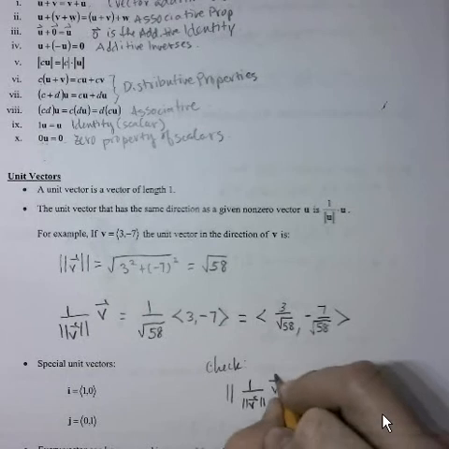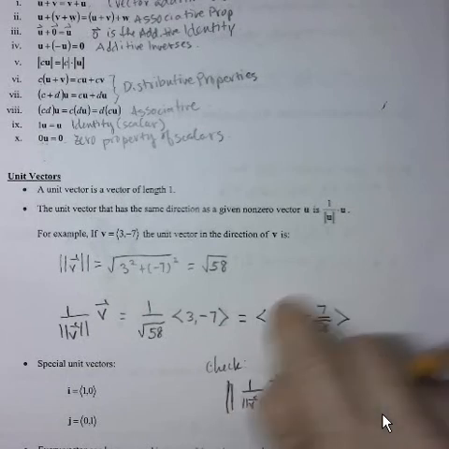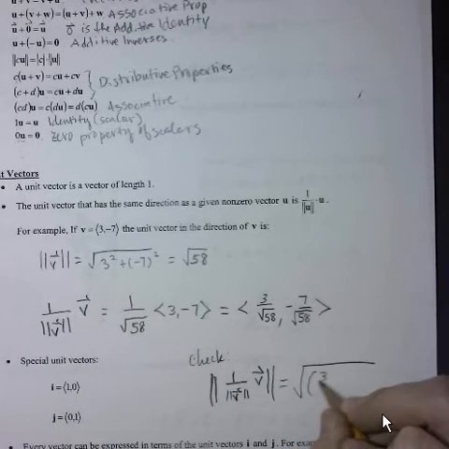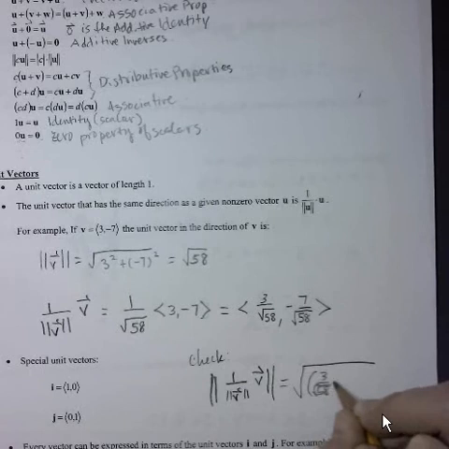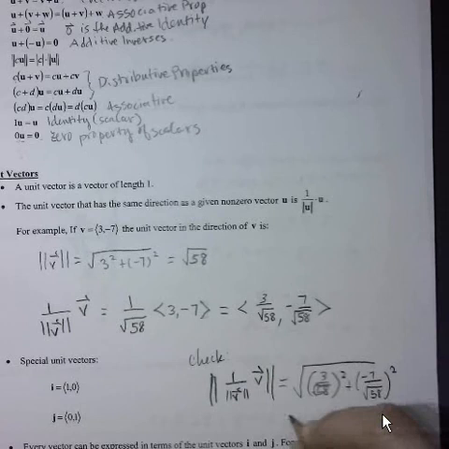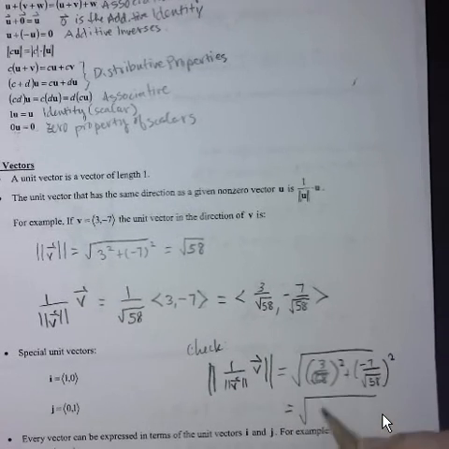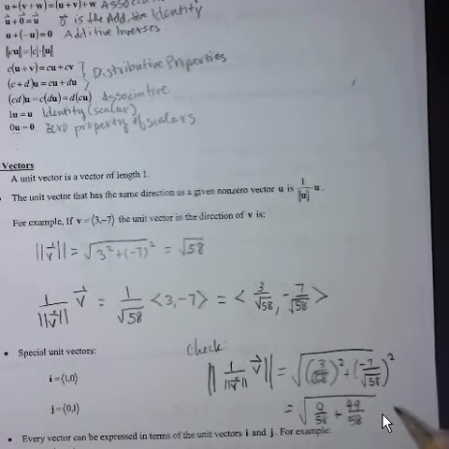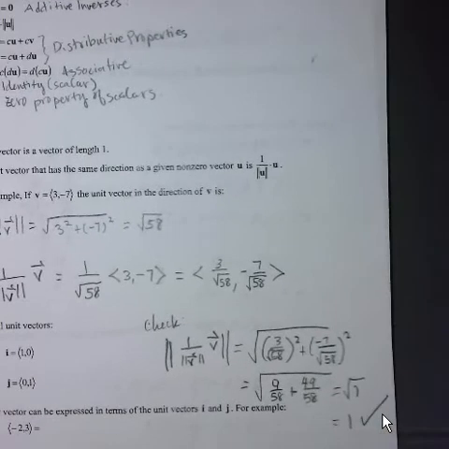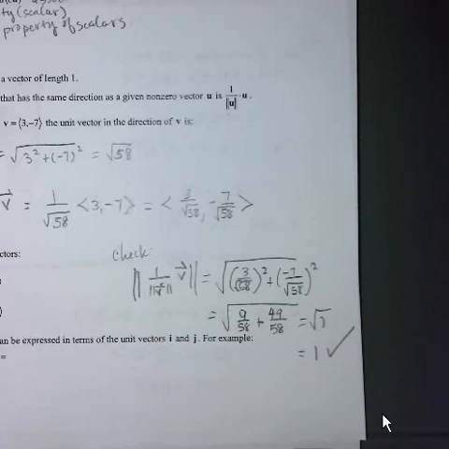Because we got a vector for an answer, so we can take its magnitude, which would be the square root of 3 over square root of 58 squared plus negative 7 over square root of 58 squared, the square root of 9 over 58 plus 49 over 58, which is the square root of 1, which is 1. So we do in fact have a unit vector now. So this will always work. We only showed it for one example, but this always works. So here's a formula for a unit vector.